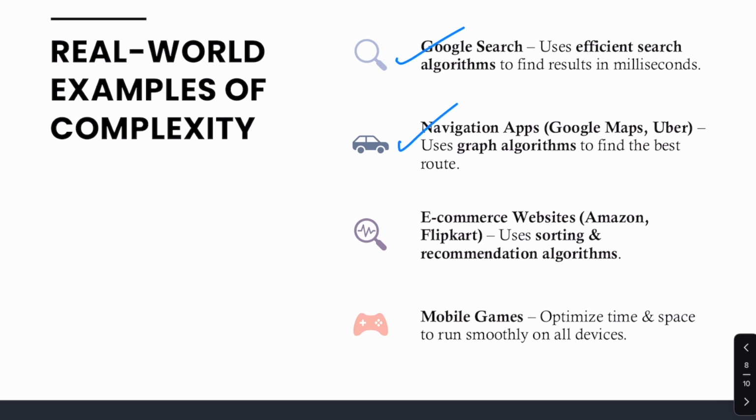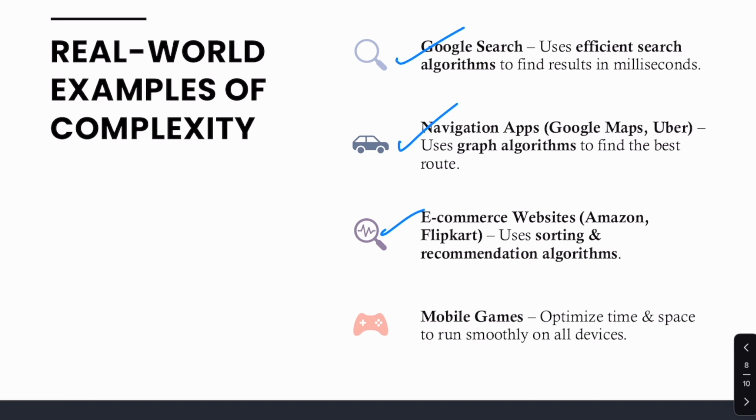Third, e-commerce websites like Amazon, Flipkart, eBay. How does Amazon recommend products instantly? They use sorting and recommendation algorithms that process massive amounts of data efficiently.